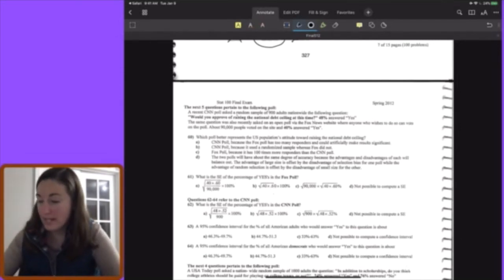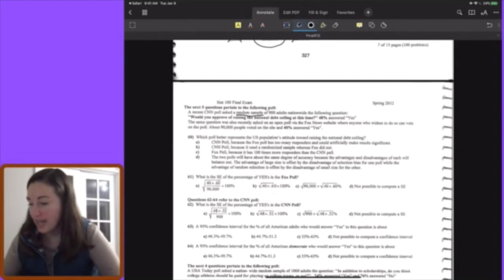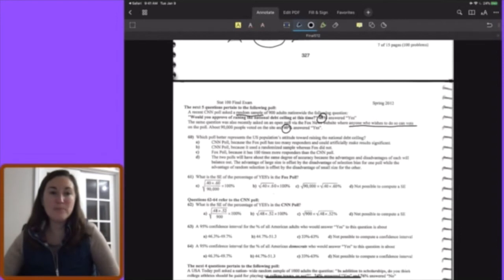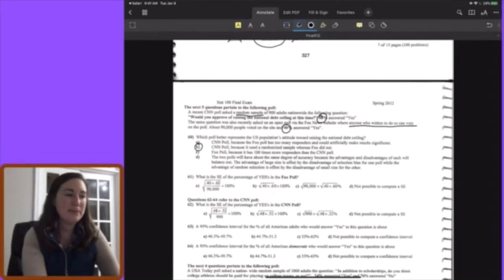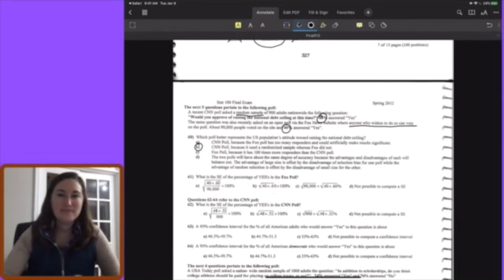It asked a random sample. That was good. And then we had a Fox News poll where anyone could go ahead and vote. And it looks like we got different results. We got 48 and 40%. So remember, just like experimental design, random is always good. So I'm going to go ahead and say B. CNN's better because it used a random sample.